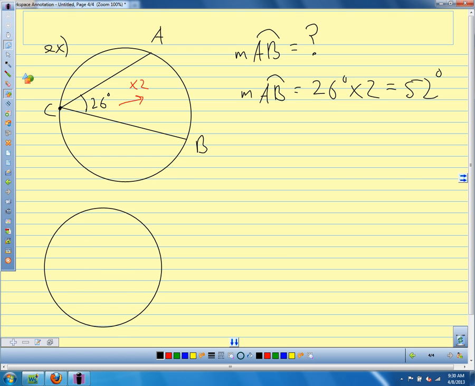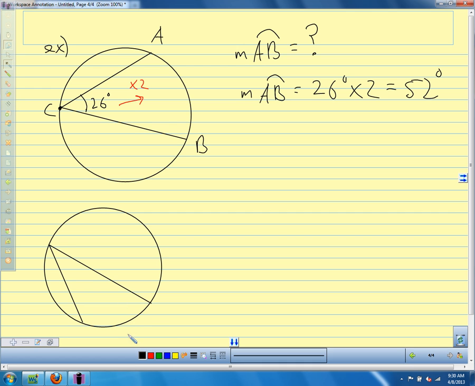So for this one, slightly different. This is 50 degrees. We want to find the measure of angle ABC. So the arc is 50 degrees, so how are we going to find the measure of the angle?